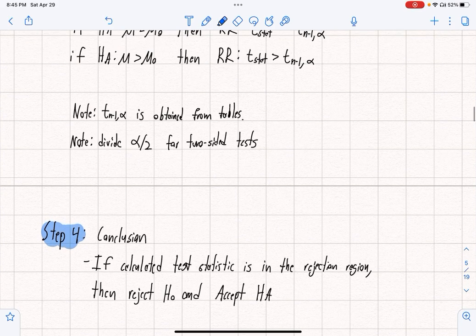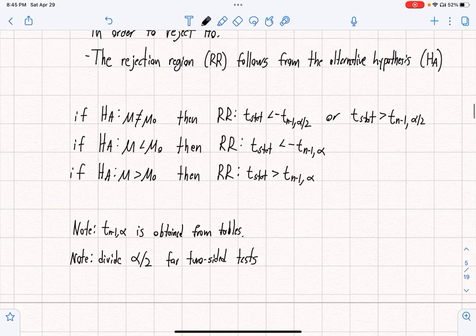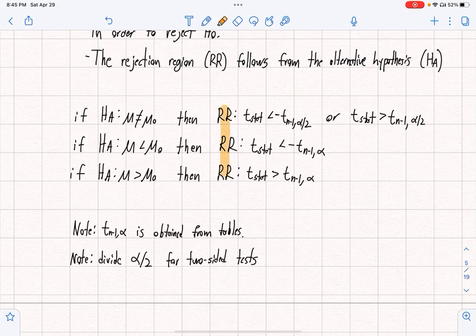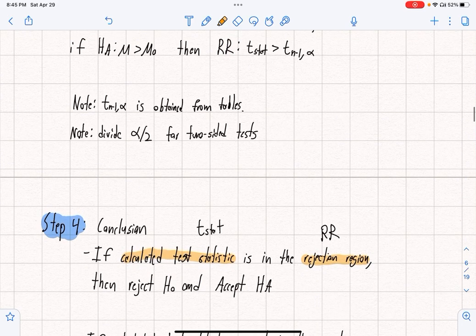If the calculated test statistic, t-stat, is in the rejection region, which we're calling RR and which is determined up here, then we will reject the null hypothesis and accept the alternative hypothesis.